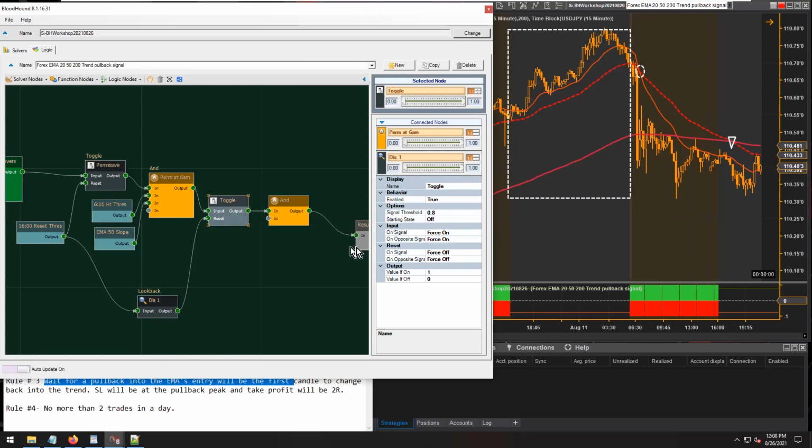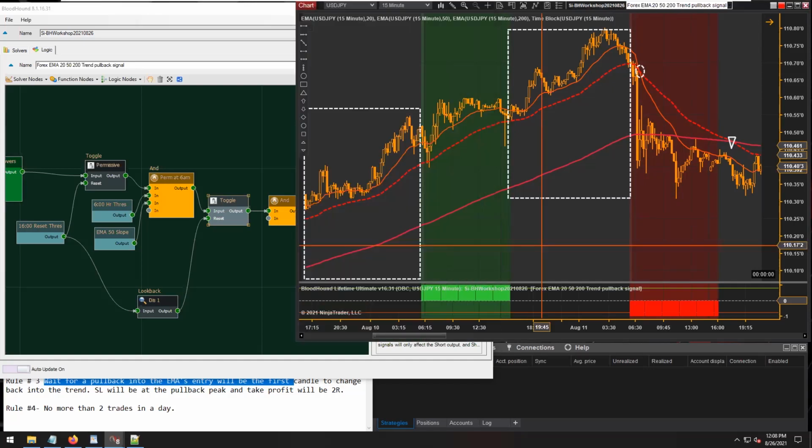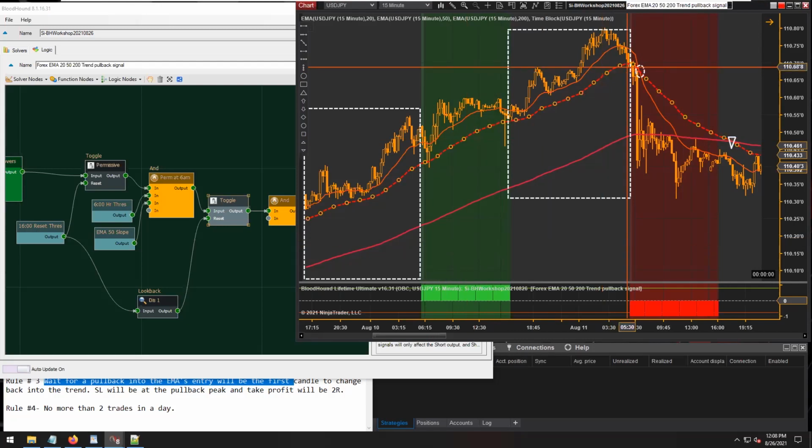And what else? This opposite signal. Well, that's still not working out. Yeah, that 50 EMA rolled over just at the last minute there.